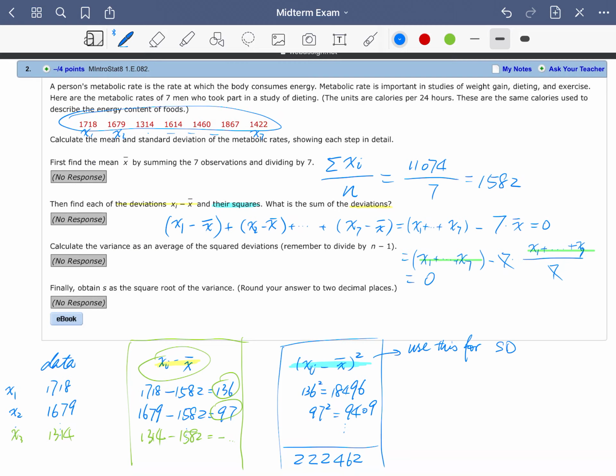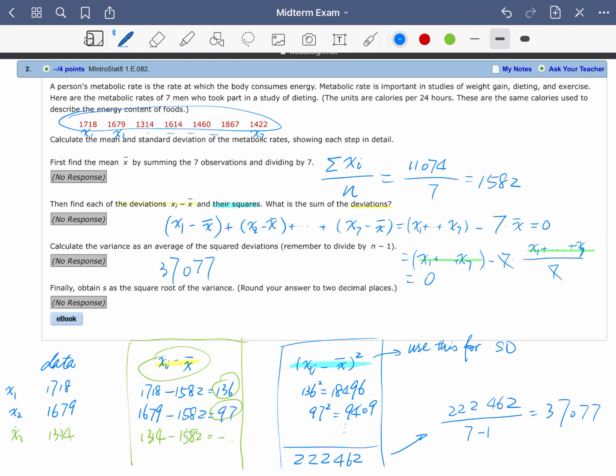And to find the variance, it will be the sum divided by the number we have, which is 7, subtract 1. So the answer for that is 37,077. Okay, it's just this number.